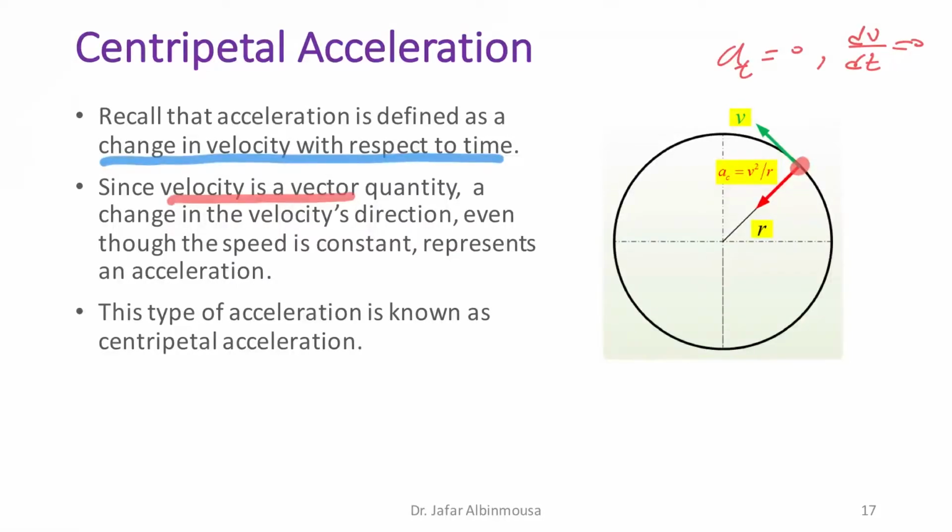However, you will still get a centripetal acceleration, and this centripetal acceleration can be thought of as a result of the change in the direction. As the body moves, although its tangential velocity is constant, its direction is changing, and the result of the change in the direction of the velocity is the centripetal acceleration.